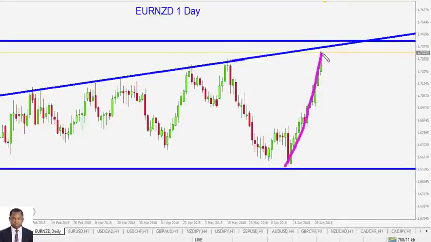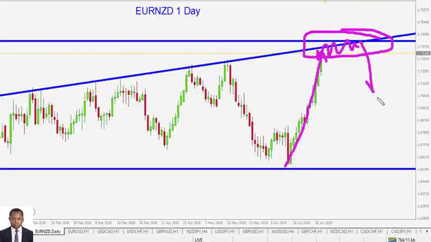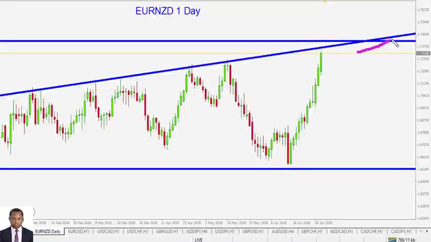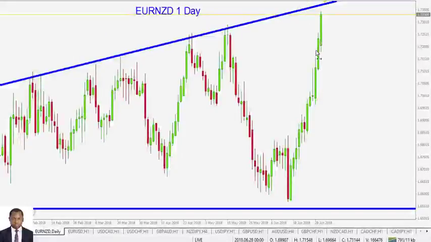After this nice push, it is bound to take a breather, either go sideways, or we get a bounce or a breakout. So be careful. This is where price action traders will be reading price behavior around this area to find possible entries. For us, we'll keep watching. If we find an entry, those of you in the signal section will get an alert.